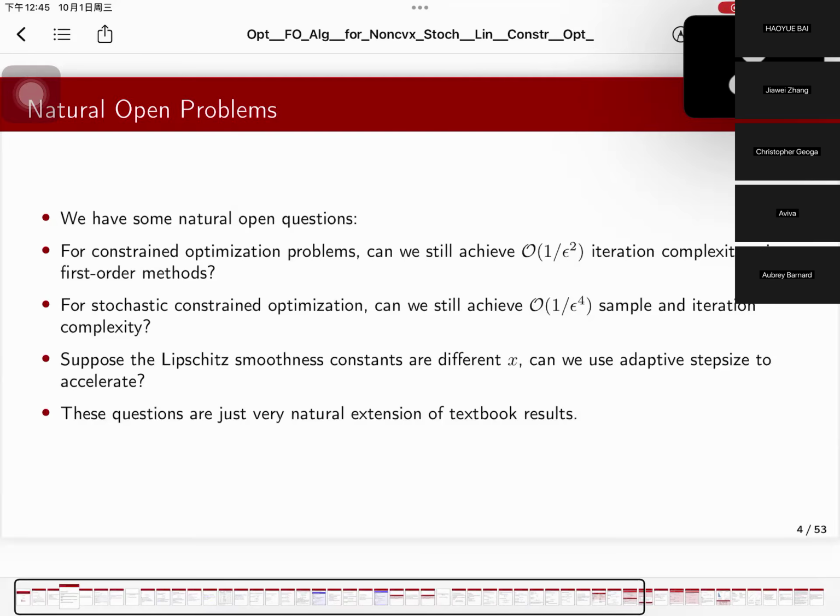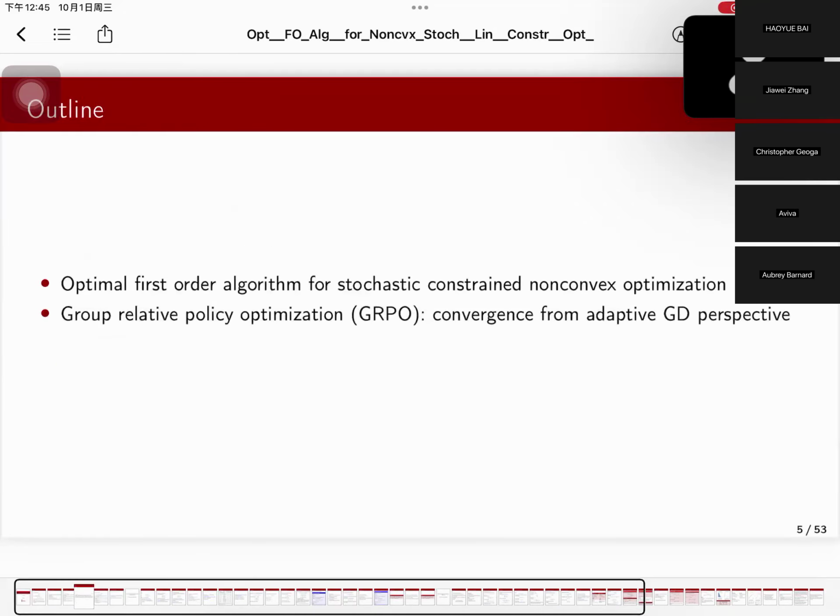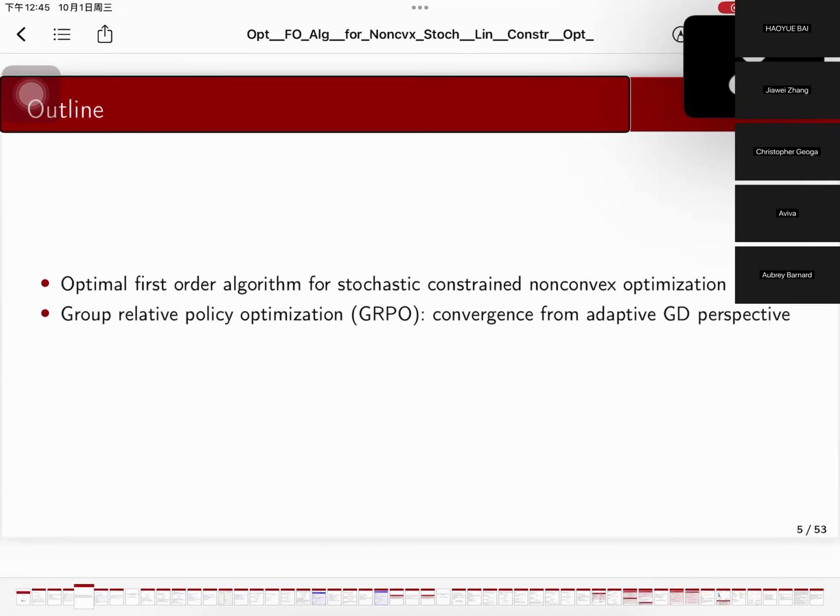We will have this outline. For the first part, we will discuss optimal first-order algorithms for solving constrained optimization problems. I will review our previous results on deterministic problems and our recent results for stochastic problems.